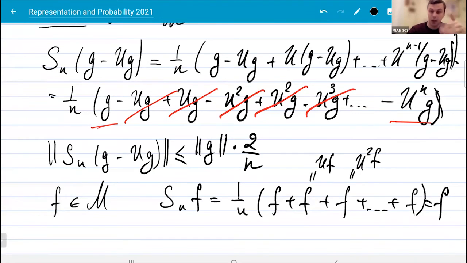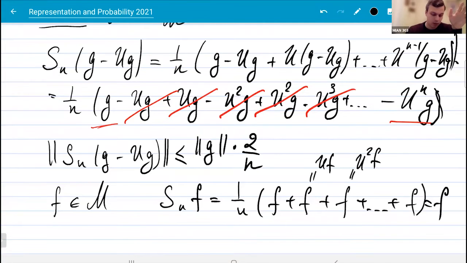which is exactly the same as we prescribed, because we said that the convergence should be to the projection onto the space M. So for the elements of M, we have the convergence to the element itself. So the question is, where is the difficulty?